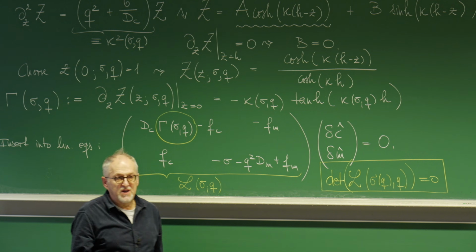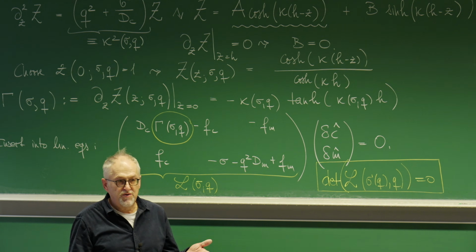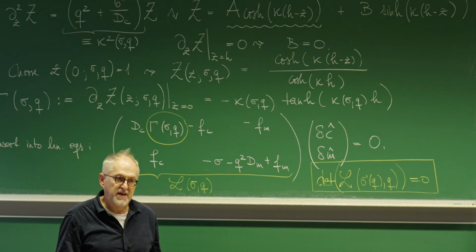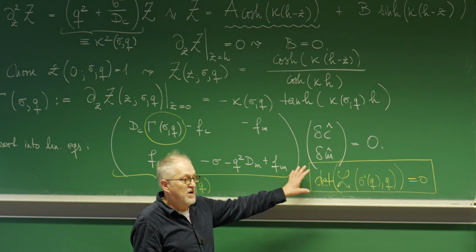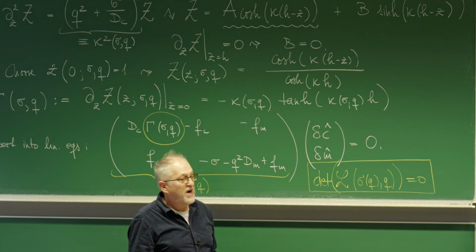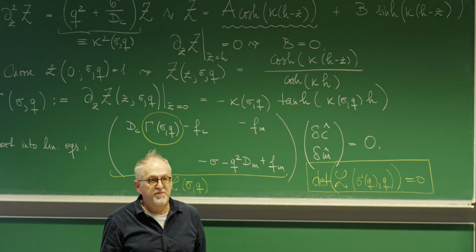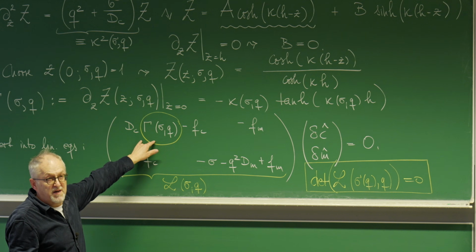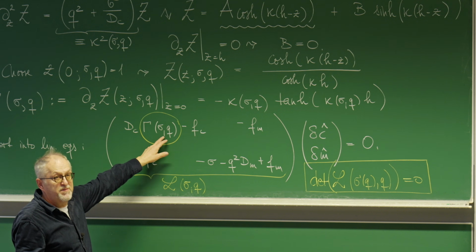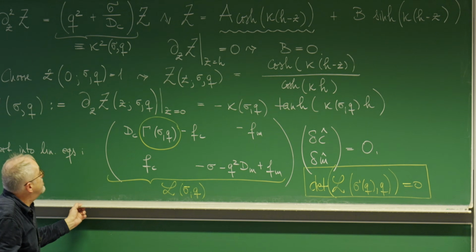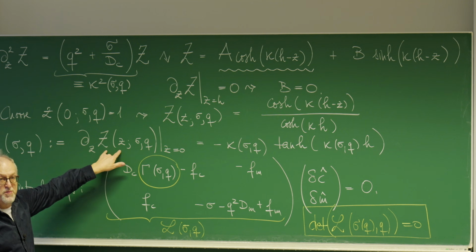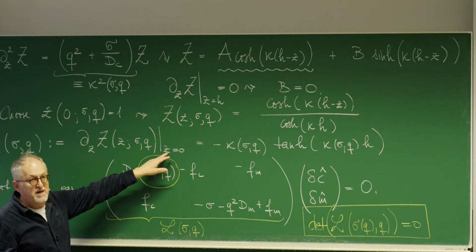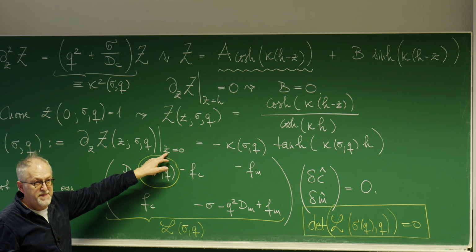And that is a generalization of the usual eigenvalue problem to a form that we had yesterday. This is no longer a linear algebra problem that you have to solve. It's a problem which involves the nonlinear dependence of the problem on sigma and q through this object, which is the slope of the profile equation right at the membrane.